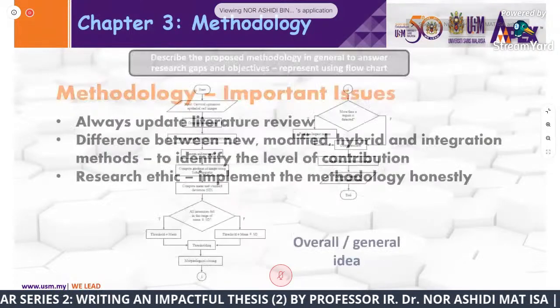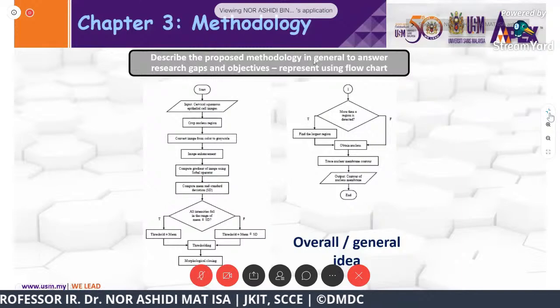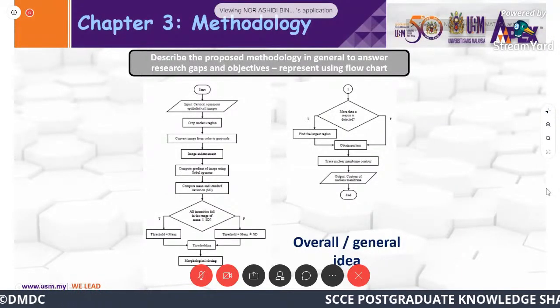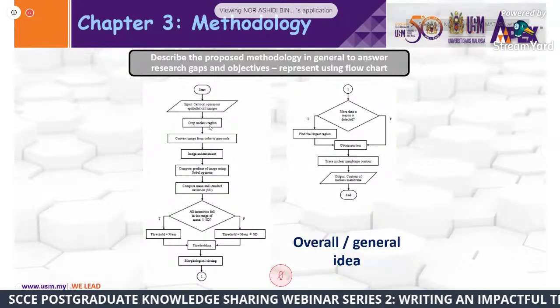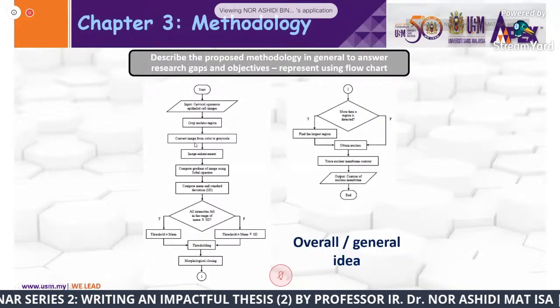Okay, this is the example. So how do you describe the methodology in general? This is the overall general idea. First we have the cervical cell, then we crop the nucleus, then we convert the image from color to grayscale.